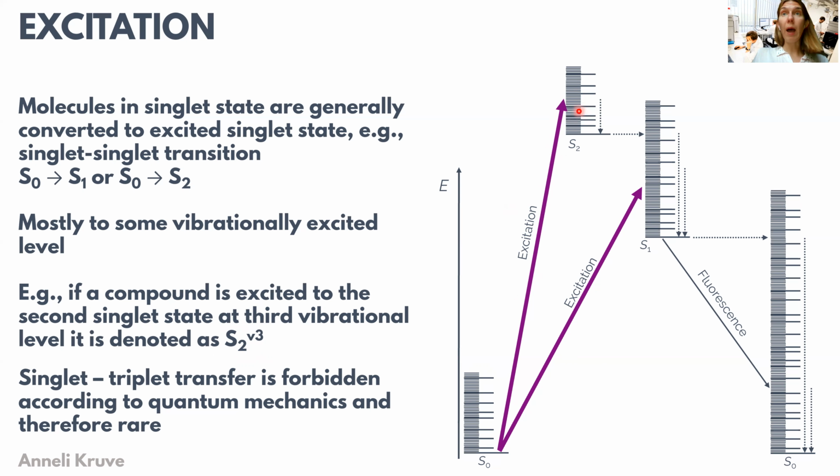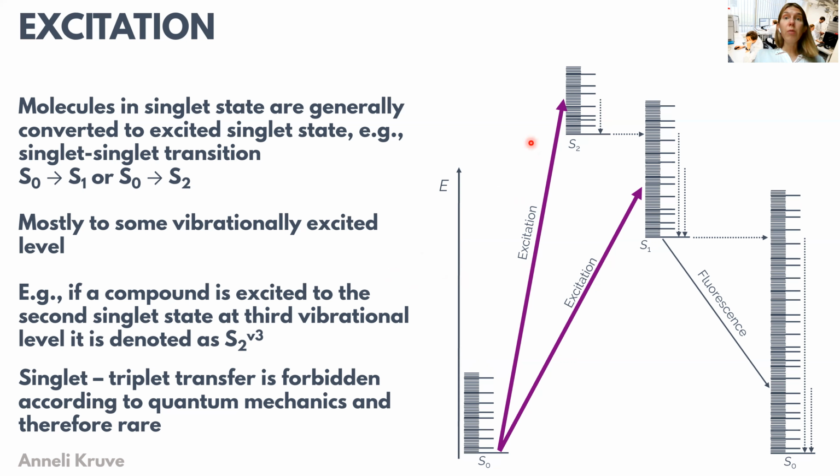We can also have rotational excitation levels in addition to the vibrational excitation. So the molecule, as a result of absorbing this light quantum, becomes electronically excited, but at the same time vibrationally excited.